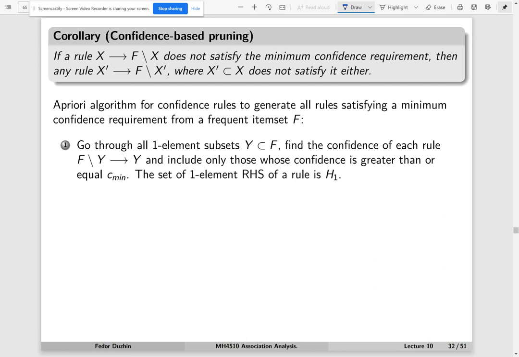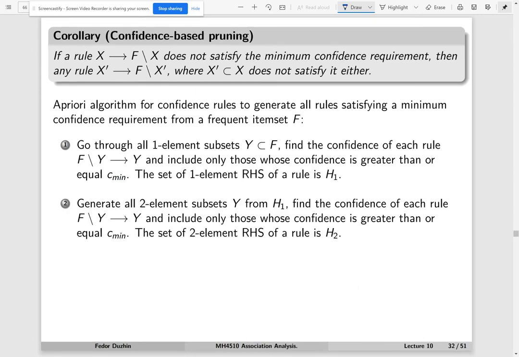We're going to place some items on the right-hand side and the rest of the items in F on the left-hand side. First, we go through all one-element subsets in F, and place these one-element subsets on the right-hand side of our rule. Then we compute the confidence, and we only include those whose confidence is above the given threshold. Those whose confidence is below the given threshold are just discarded.